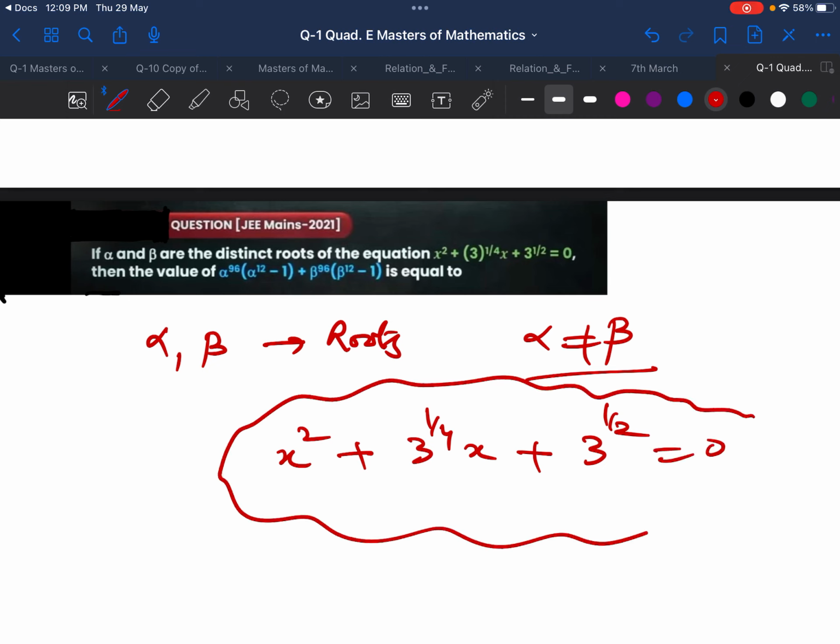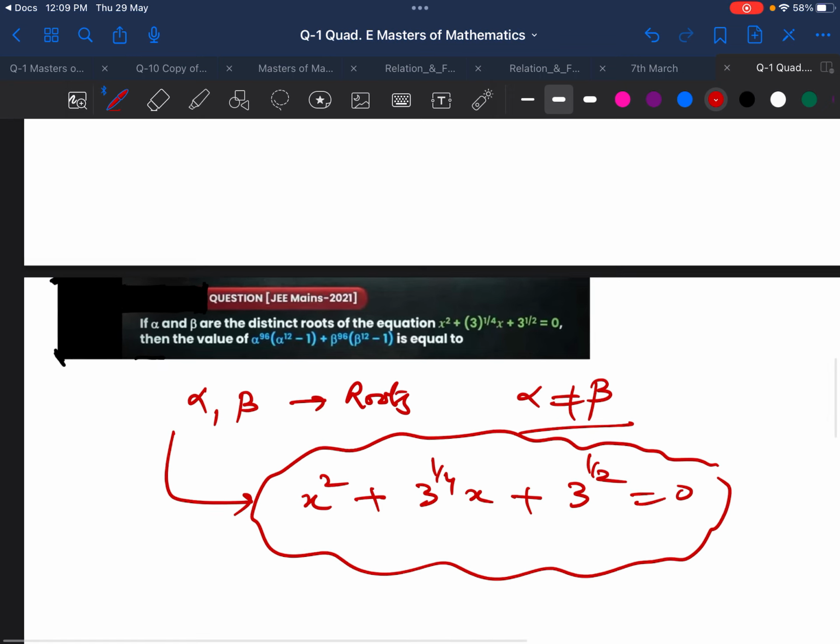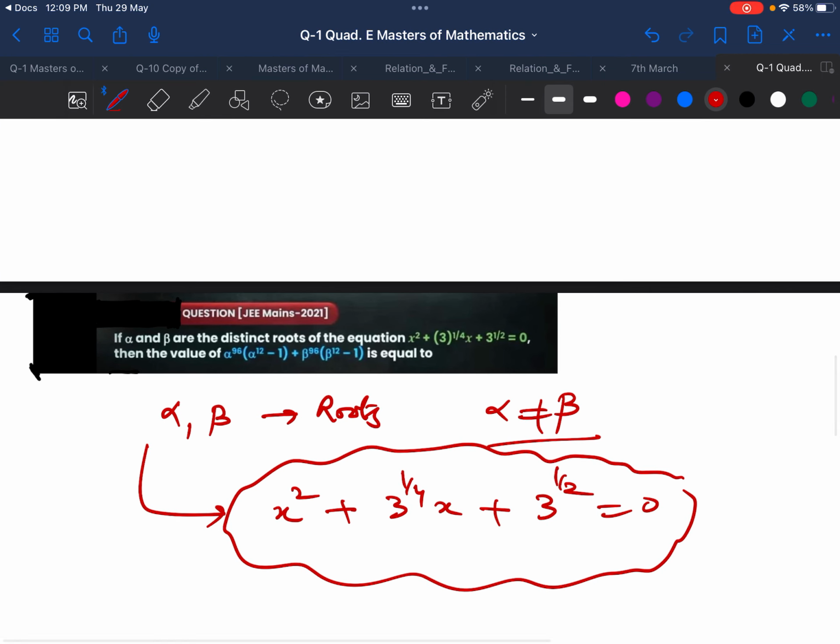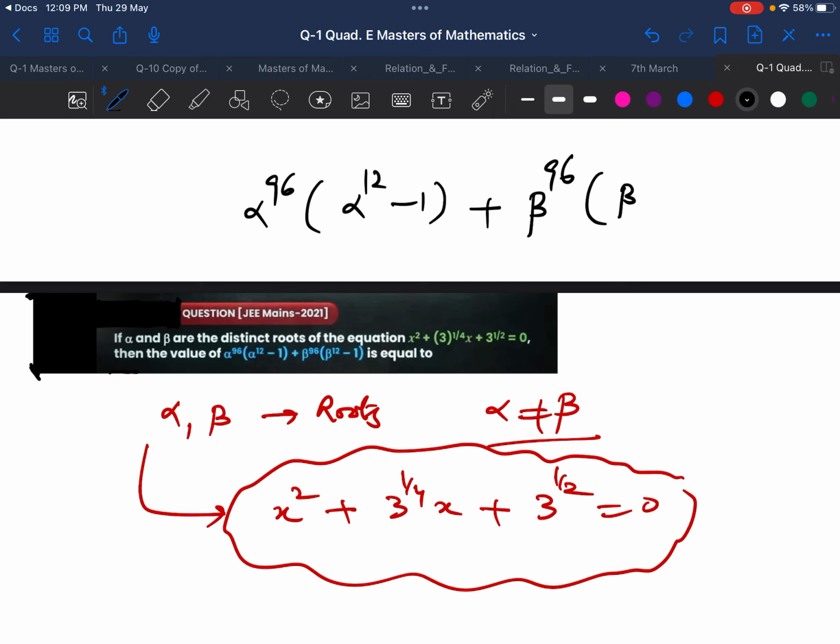This is the equation, and alpha and beta are given as roots of this equation, and we are supposed to find the value of alpha raised to power 96 in bracket alpha raised to power 12 minus 1 plus beta raised to power 96 into beta raised to power 12 minus 1.